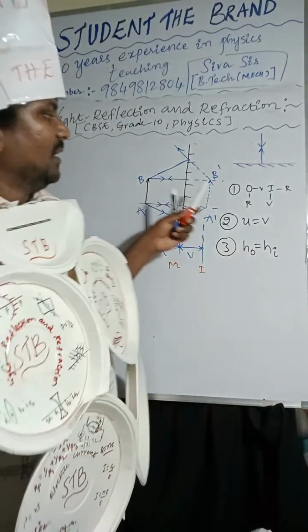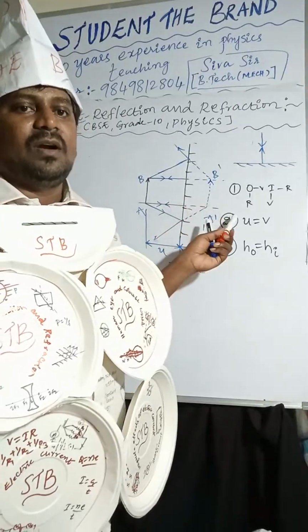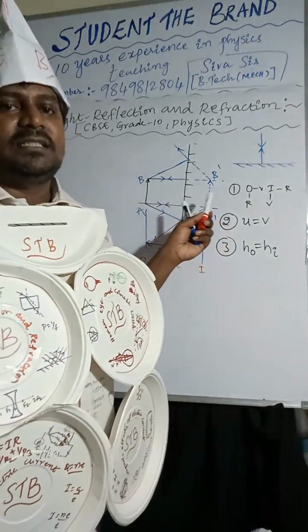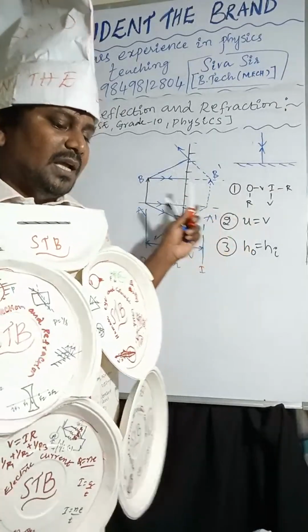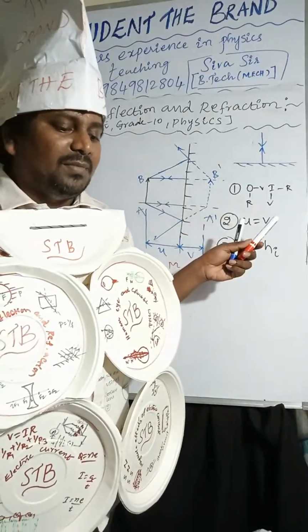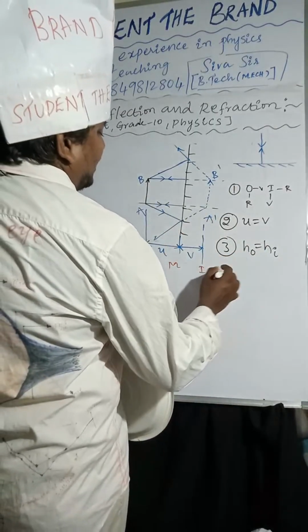So once again, object distance is equal to image distance, and height of the object is equal to height of the image.